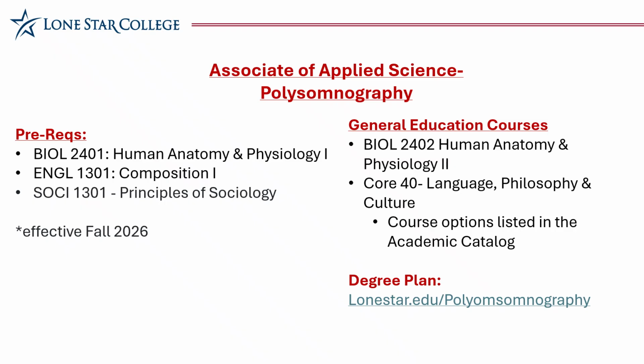There are 2 other general ed courses built into the program. If you have those ahead of time, I highly recommend it. It will give you more points on your application, and it will free up your time while you're in the program. So that is A&P 2, and then any class from Core 40, which is Language, Philosophy, and Culture.